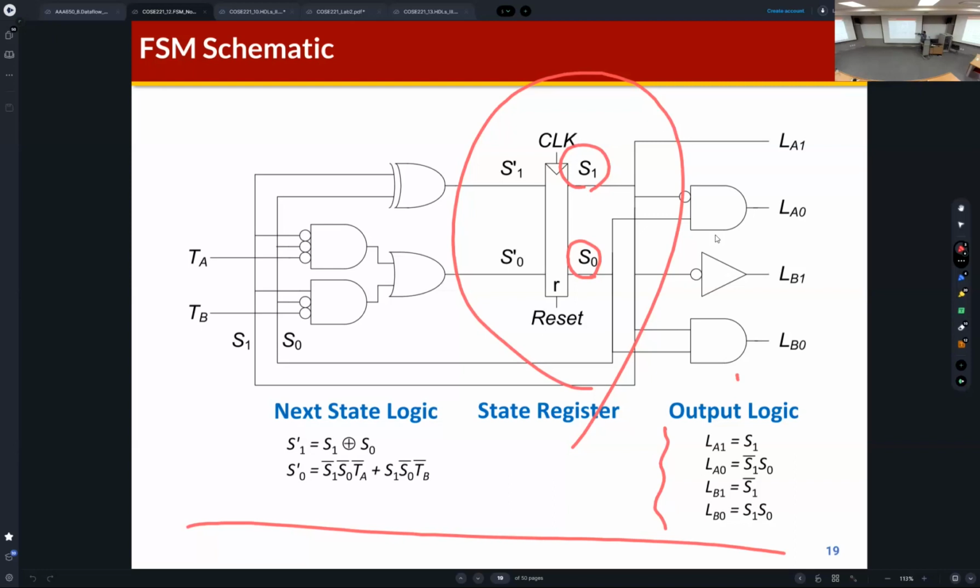So the output signals are generated from the current state only, and it is a Mealy FSM. And in this lecture, I will also show an example of a Mealy FSM.